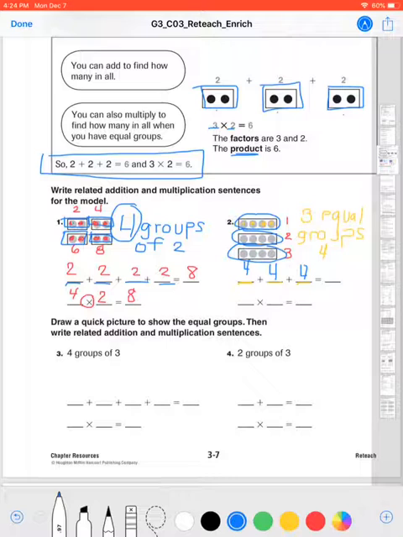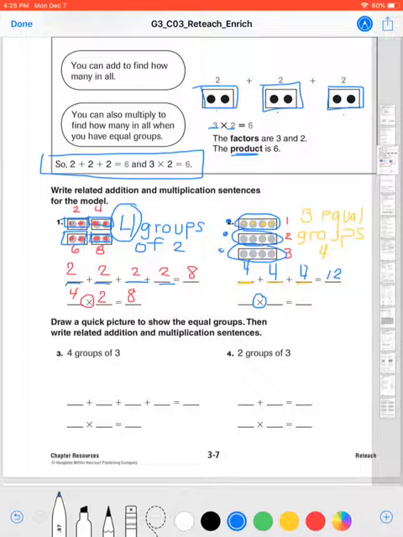So when we skip count by 4s, we've got 4, 8, 12. So our answer here would be 12. If you don't know how to skip count by fours, you can also count how many dots there are all together.